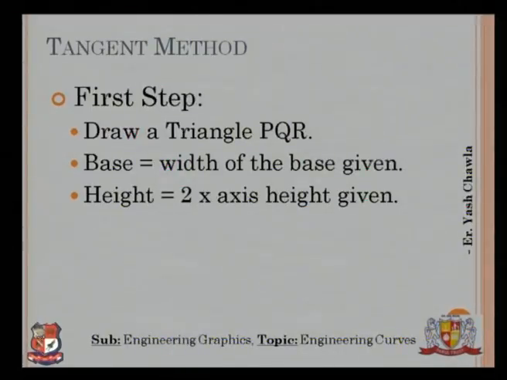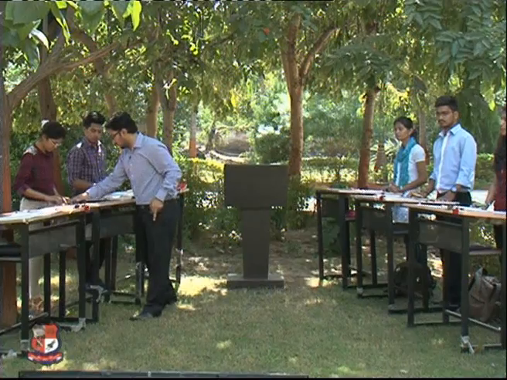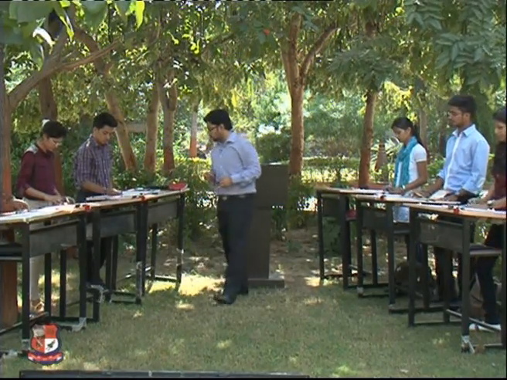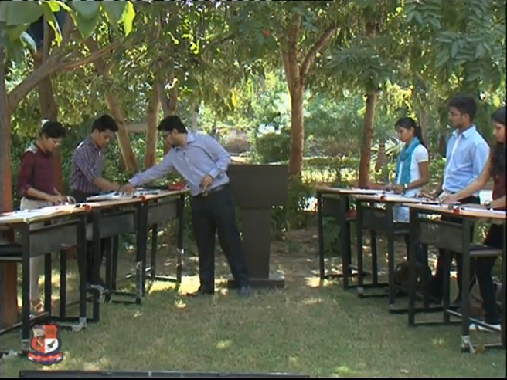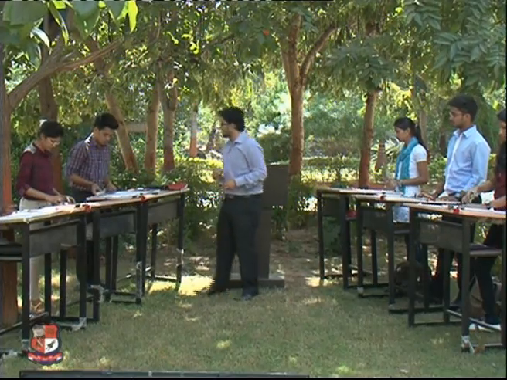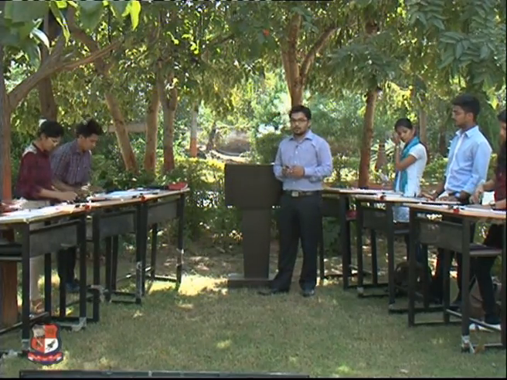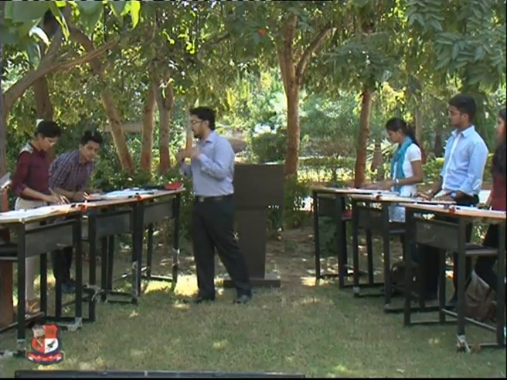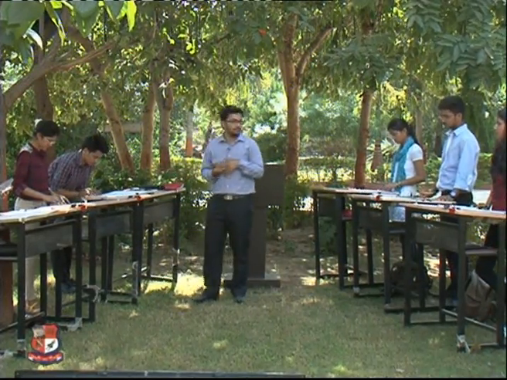According to the scale, we have to draw a triangle PQR with the base as the width given, and the height of the axis is twice the height. You can keep it here, or you can make it here. Aman, you can make the scaled up version here. The height will be twice the base height. So if you are taking 10 centimeters, then the height will be 20 centimeters.